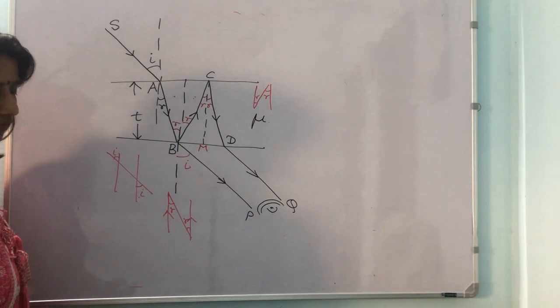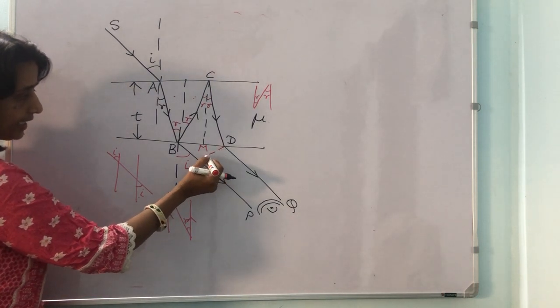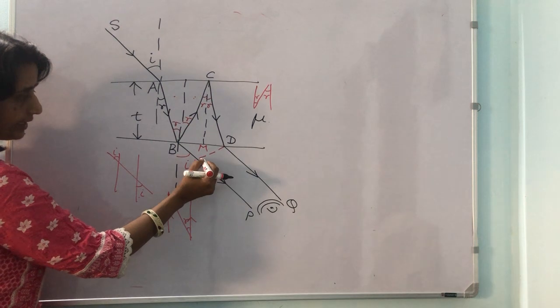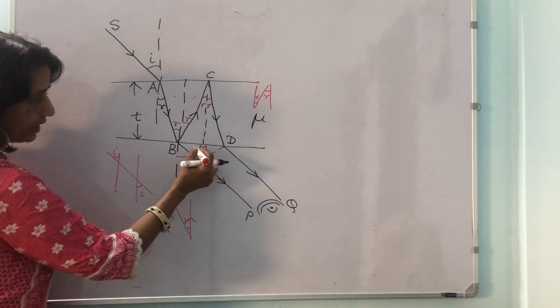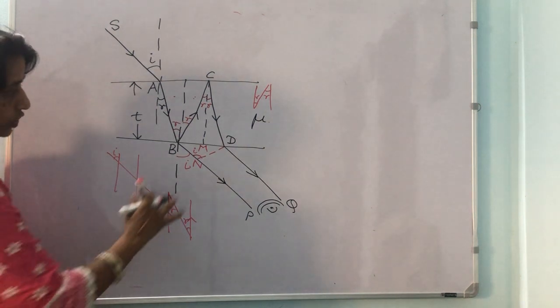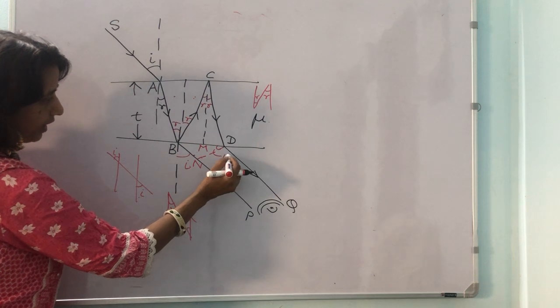And one final perpendicular for path difference, DN here. This perpendicular. And this one will be angle of incidence I.